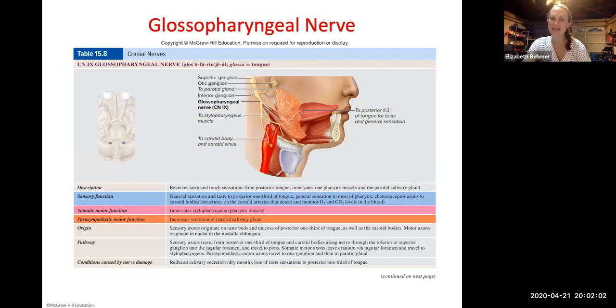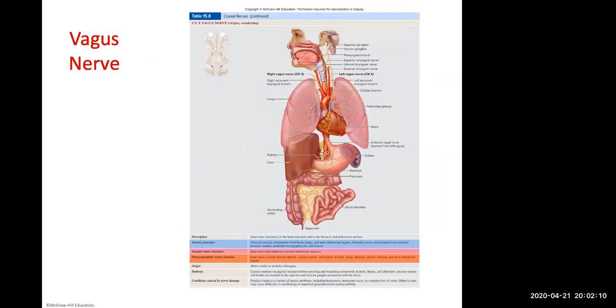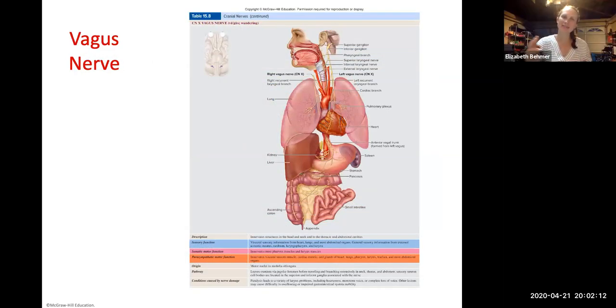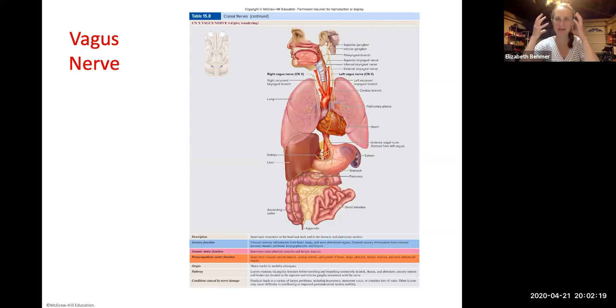Glossopharyngeal nerve innervates some pharynx muscle, and also one of your salivary glands. And then the vagus nerve is unique because it's the only cranial nerve that actually leaves your head region, and it'll travel down and innervate parts of your cardiac muscle, glands of the heart, your lungs, your pharynx, your larynx, your trachea.